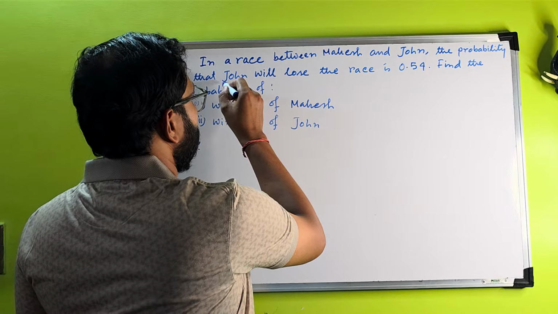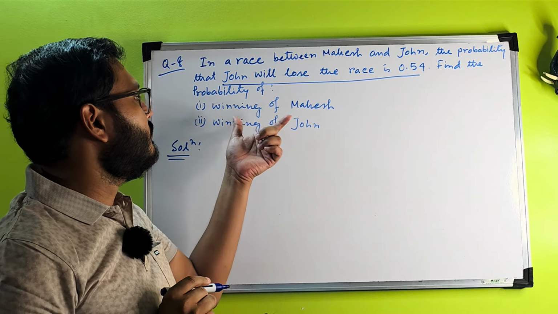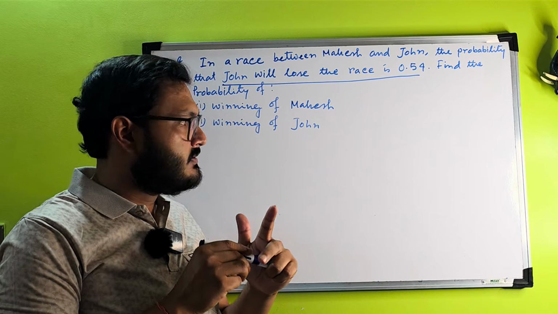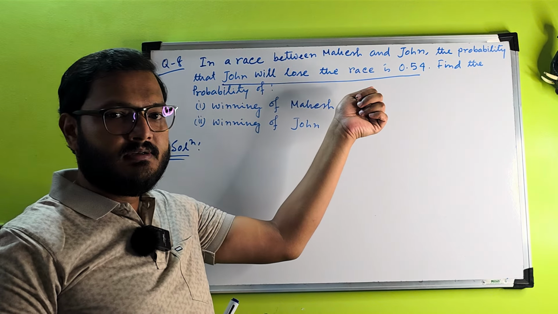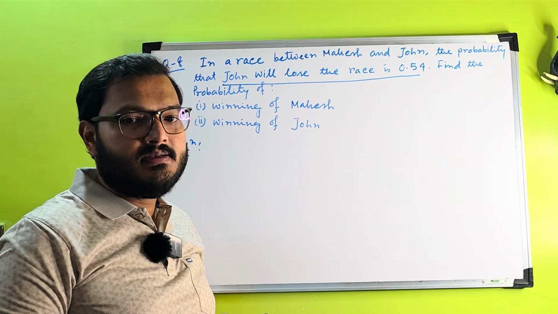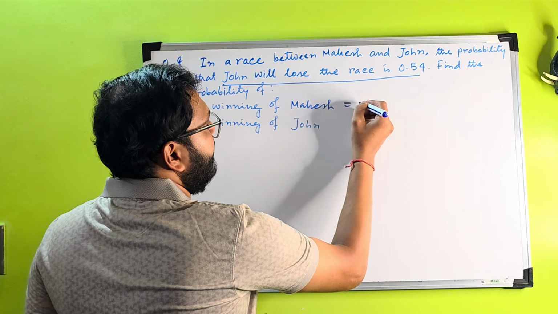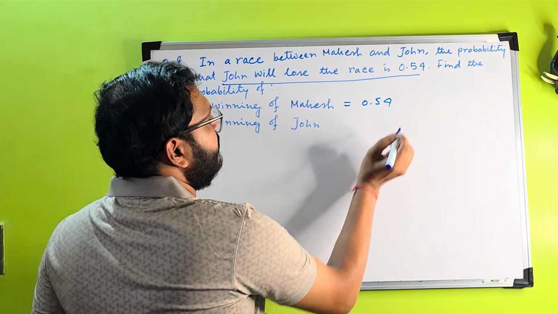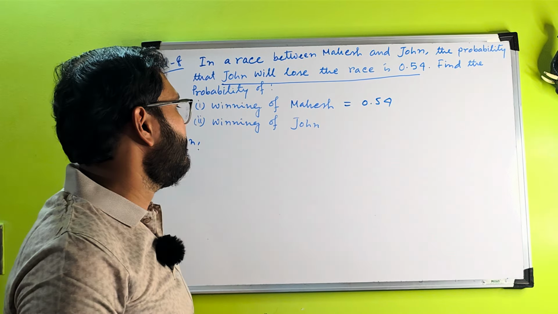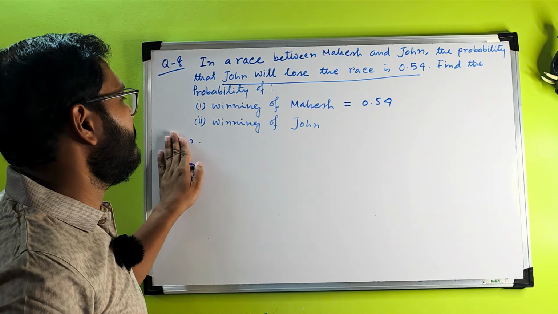What is given? John will lose the race is 0.54. So what is the chance that John will lose? That is the chance of winning of Mahesh. So its answer is directly 0.54. No problem. And what is the winning of John? No need to write here also.